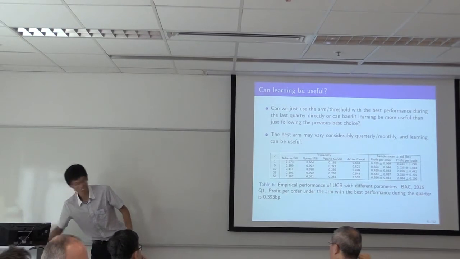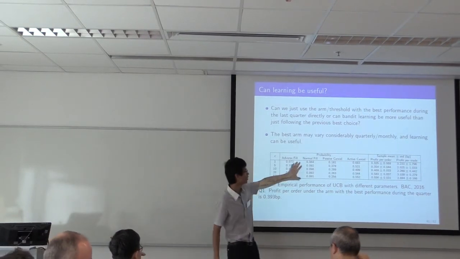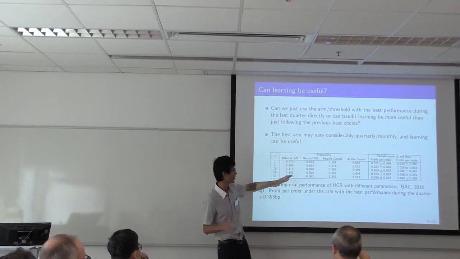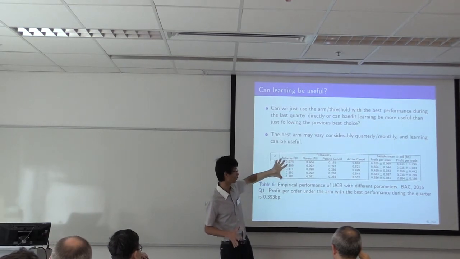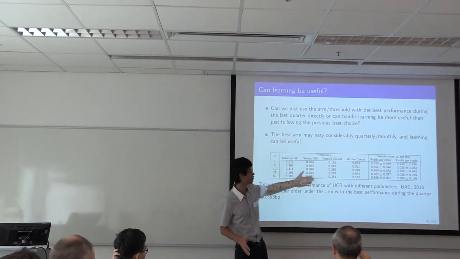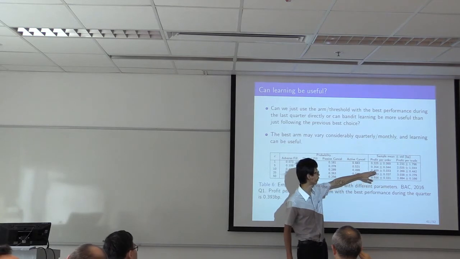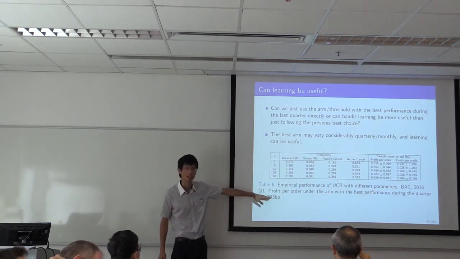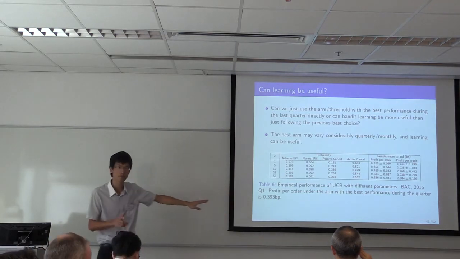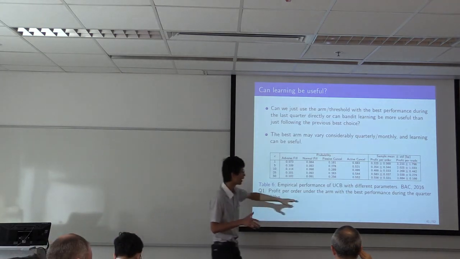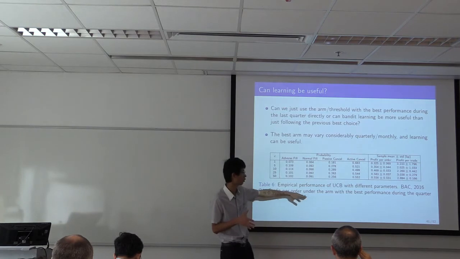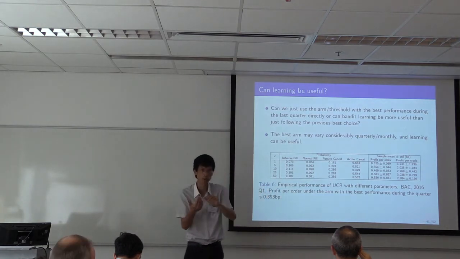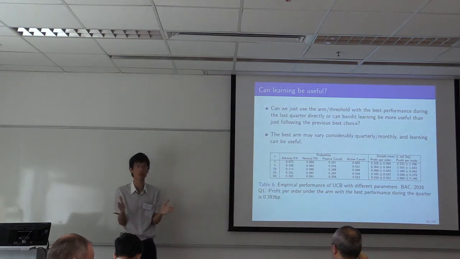I'm running out of time, so. All right. But in the second quarter, if you do UCB in this case, what we find is that the profit per order can be better than this one. And this is already cheating a little bit, in the sense that I'm computing the profit per order for the best arm ex post, meaning that I'm already using the second quarter of data.